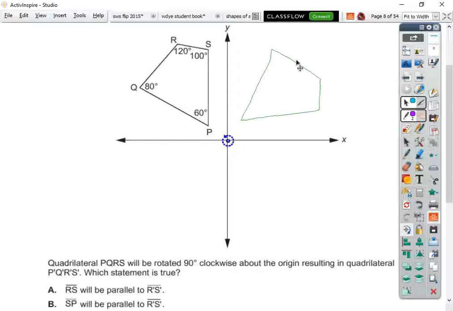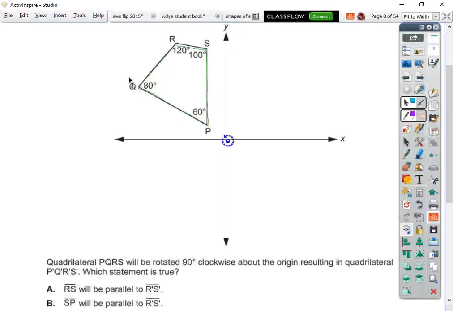So RS and S prime. Definitely. Actually, you know what? Let's make life even easier. I'm going to rotate this back. Let's go cute. So I'm going to redraw it, but I'm going to put in my letters so that I don't have to guess. It'll make it easier to see where things end up.